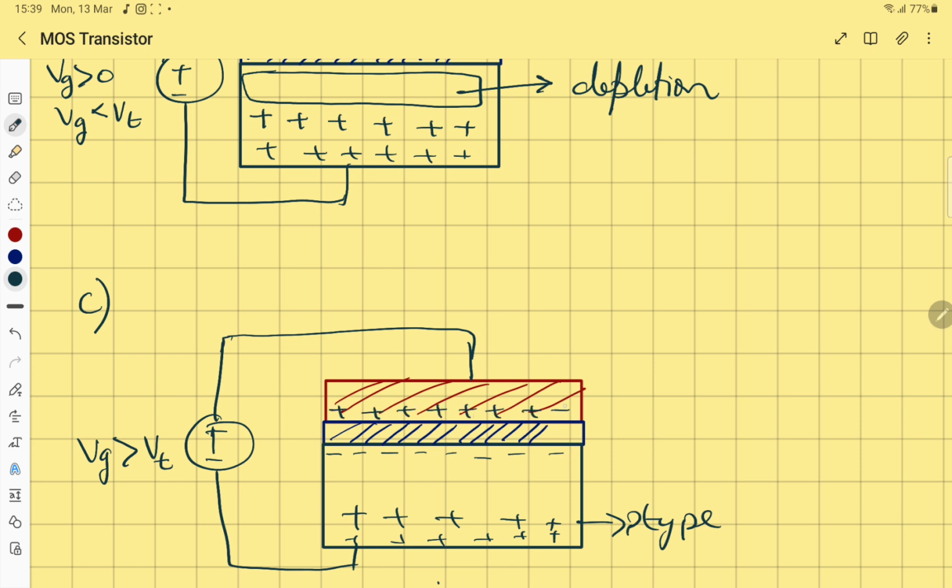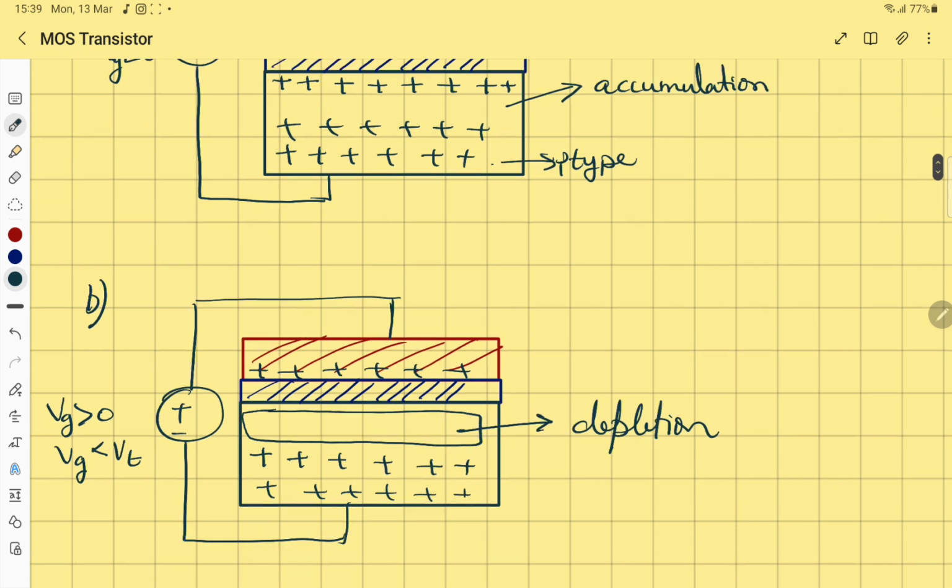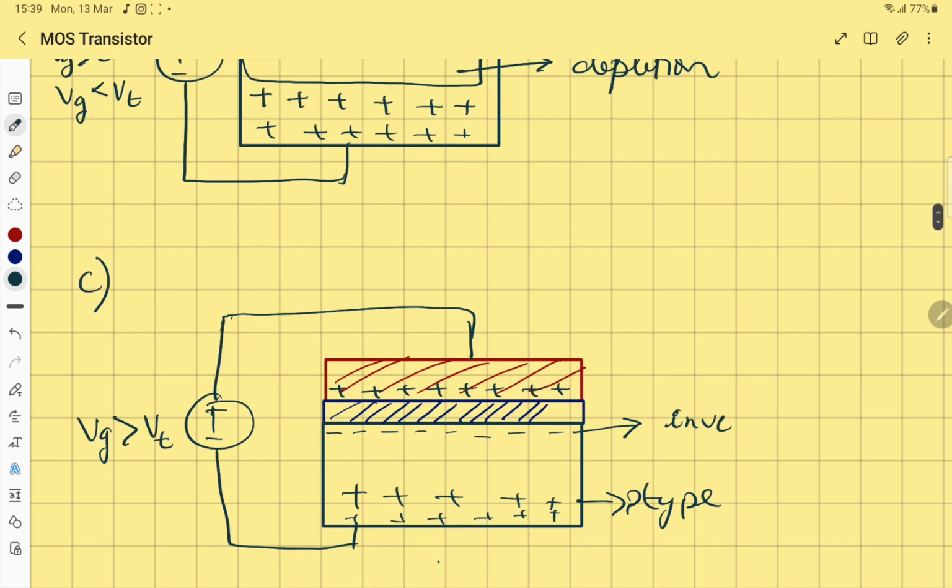So what is happening here is, there is an inversion from accumulation to this C part, that is, inversion of charges. Earlier, if you see, they were all positive charge. Now there's an inversion, and we call this an inverted layer or inversion region.